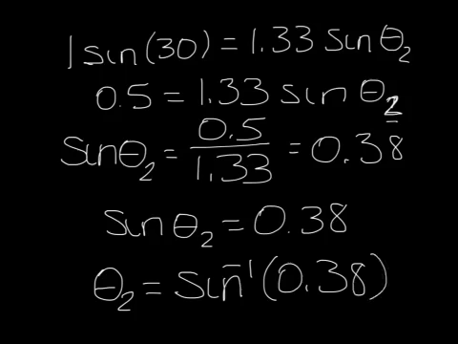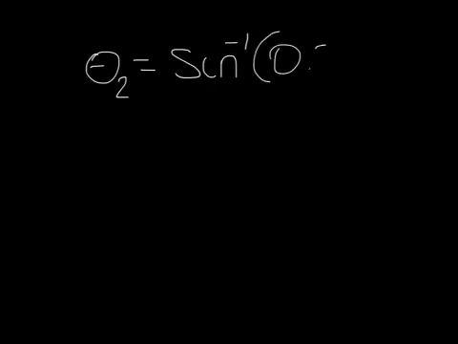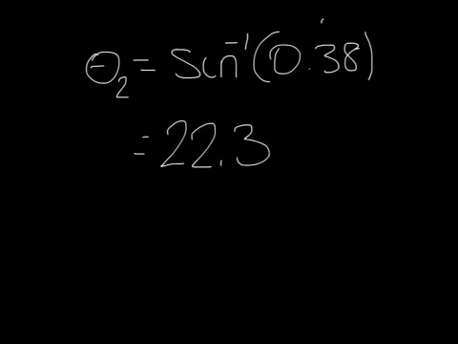To get this on the calculator, you have to hit the yellow second button and then the sine button, and then you should get the sine inverse. So we know theta 2 is equal to the inverse sine of 0.38, which, once you put it in the calculator, is 22.3 degrees.